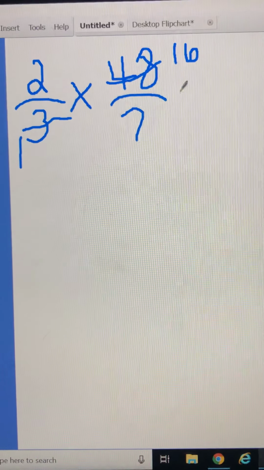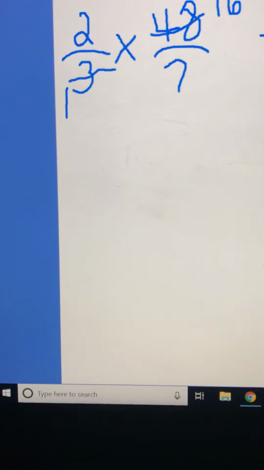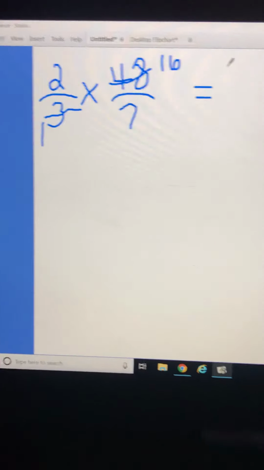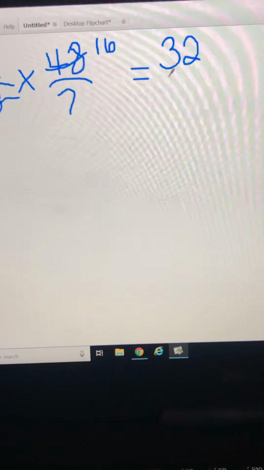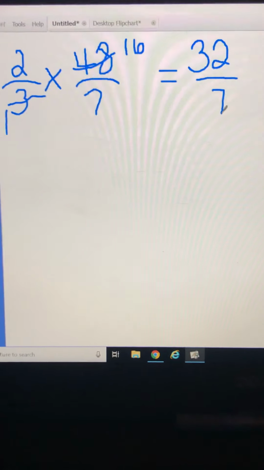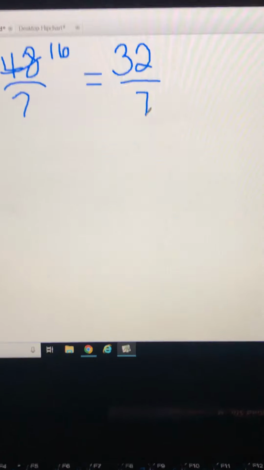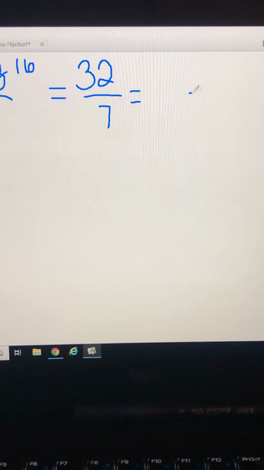Again, if you didn't know it, you could multiply straight across. So we're going to multiply. 2 times 16 is 32. And then 1 times 7 is 7. So now we have this improper fraction that we are going to reduce to a mixed number.